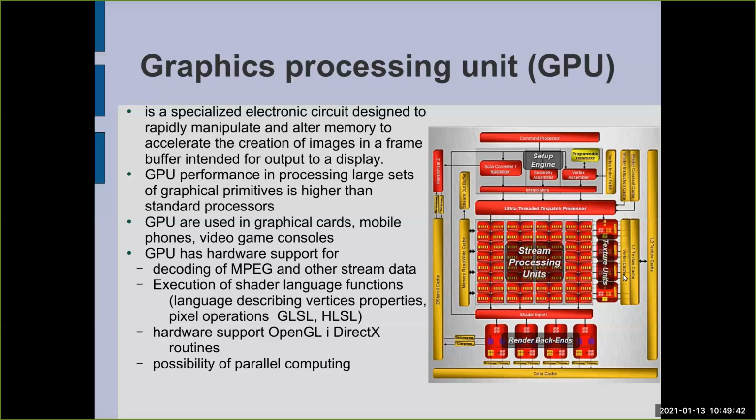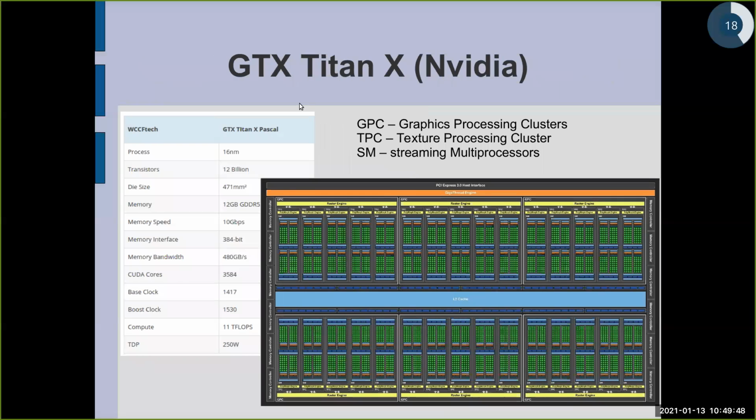But because a GPU has so many cores, you can see here, for example, it's not the newest one. Now we have the 3080 family, which is quite popular, but this is the GTX Titan X. So look, the scheme of this graphics card looks like this.